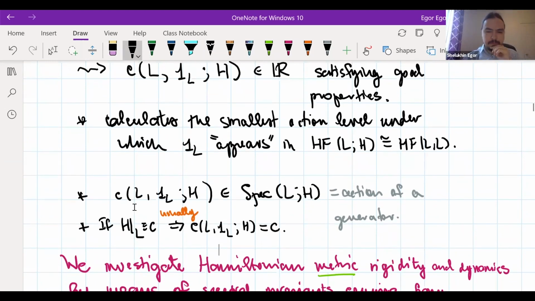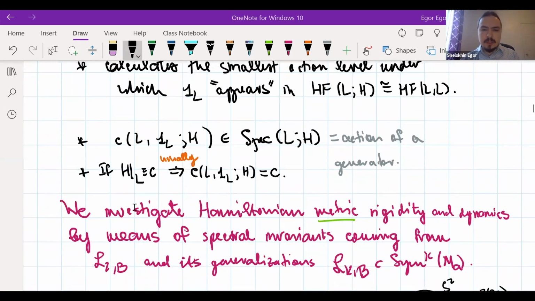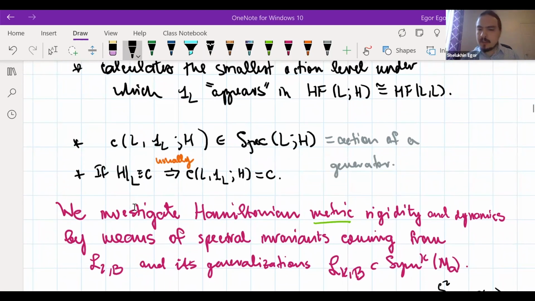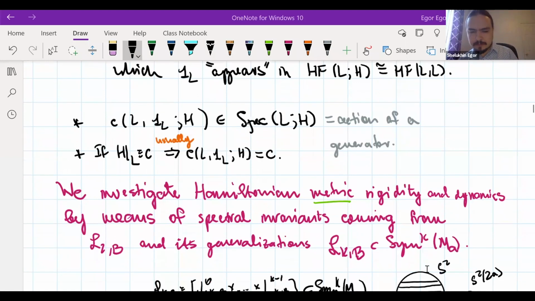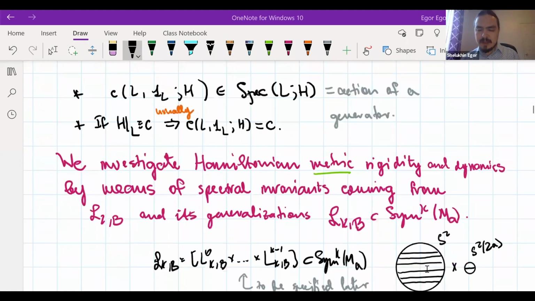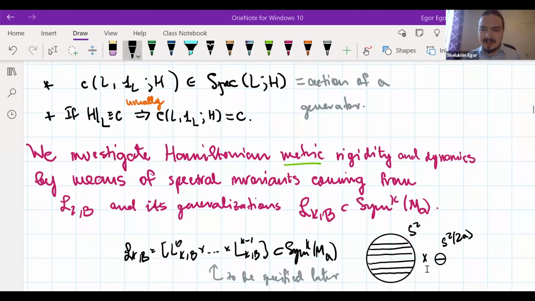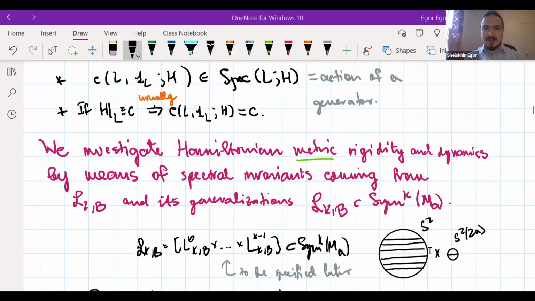Okay, and what we do is we investigate Hamiltonian metric rigidity and dynamics by means of spectral invariants coming from this curly L2B and its generalizations LKB in the kth symmetric product. This LKB is similar, except that in this potato you have many circles, which are level sets of a height function, instead of just two.